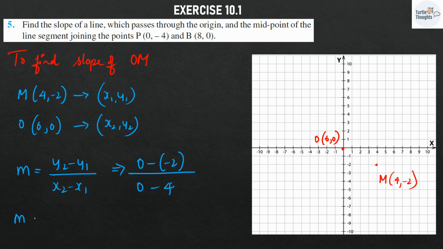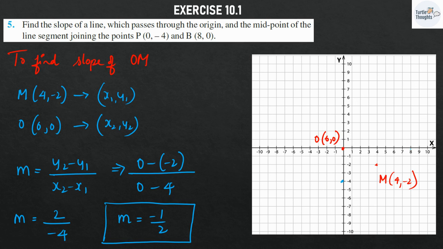So m I will be getting as minus into minus is plus, 2 over minus 4, upon cancelling I will be getting m is equal to minus 1 by 2. So the slope of the line which passes through the origin and the midpoint of the line segment joining PB is m, which is given by minus 1 by 2.